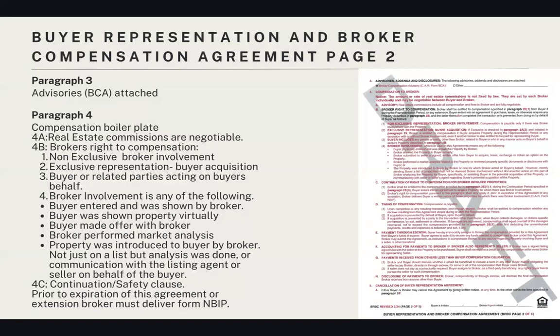So it's a little bit complicated, but just know that you need to make sure that the broker involved properties are delivered so that the buyer has that. And then prior to expiration of this agreement or the extension, the broker must deliver that notice of the MBIP form, which we're going to talk about.